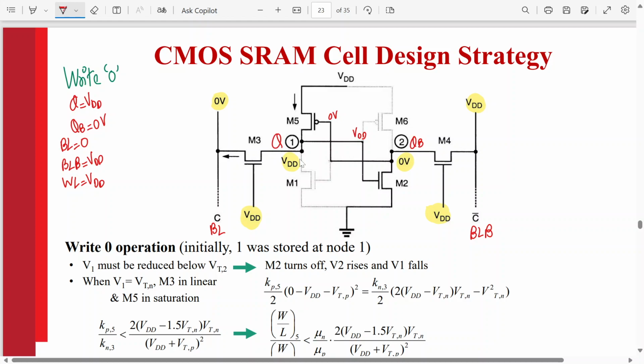Now since this access transistor is on and this is 0, and we know here we have a capacitor over here, the bit line, what will happen is this will discharge like this, and node Q should become 0. If it becomes 0, that means you have written 0 into the cell. That is perfectly fine. Now for this to happen, which transistor should be stronger, M5 or M6?